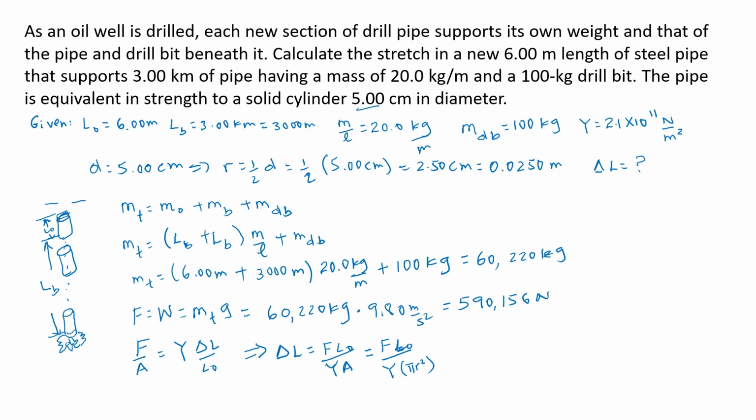Therefore, the area perpendicular to the force exerted is a circle. So that's pi r squared. Plug in the numbers. F we have calculated earlier is 590,156 newtons.